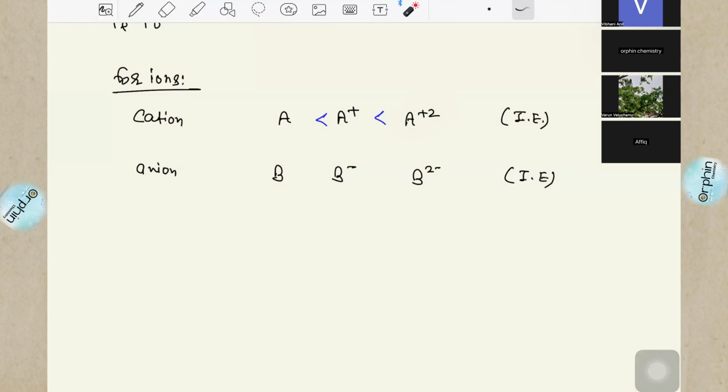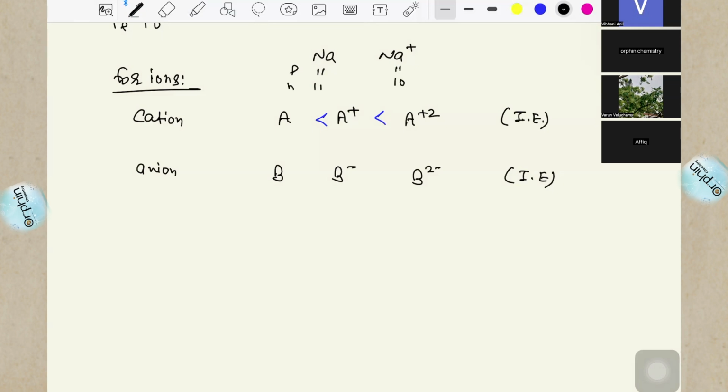For example, comparing Na and Na plus, they have 11 protons, but the electron number is changed. So now 11 protons are holding 10 electrons. So the hold is stronger, and if the hold is stronger, IE will be more here, Varun.